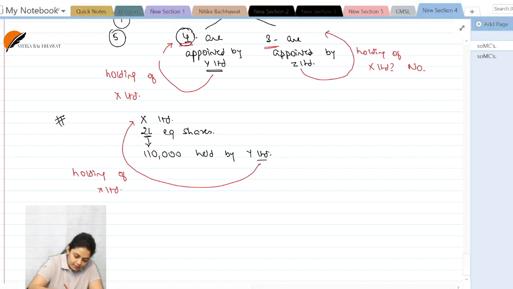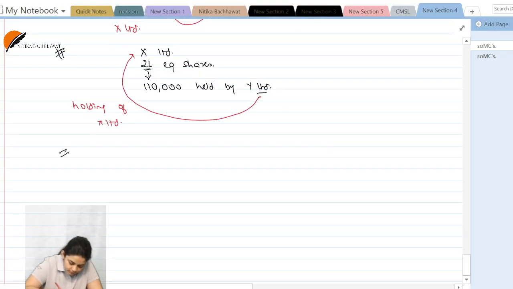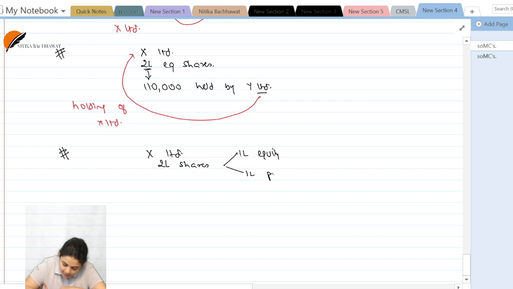Let's take another case. X Limited has 2 lakh shares, 1 lakh equity, 1 lakh preference. Okay.